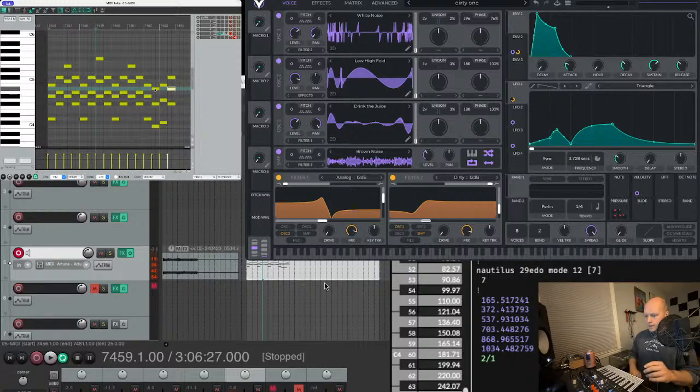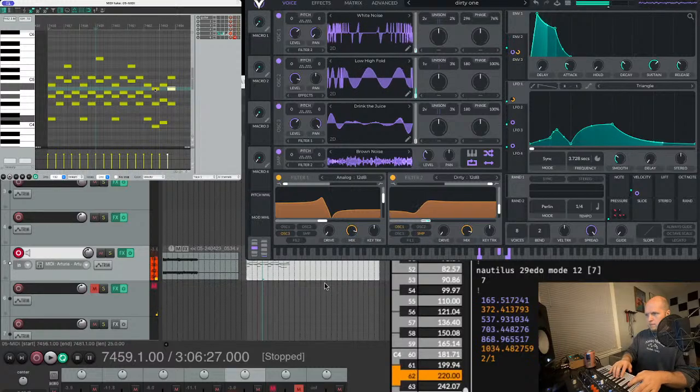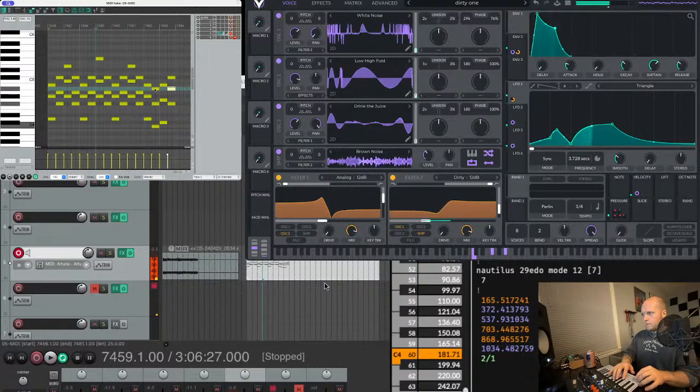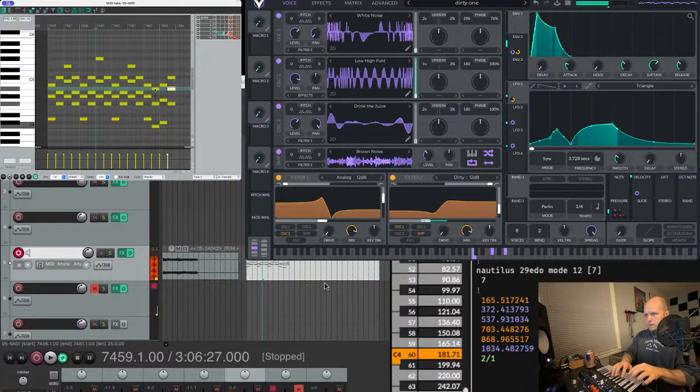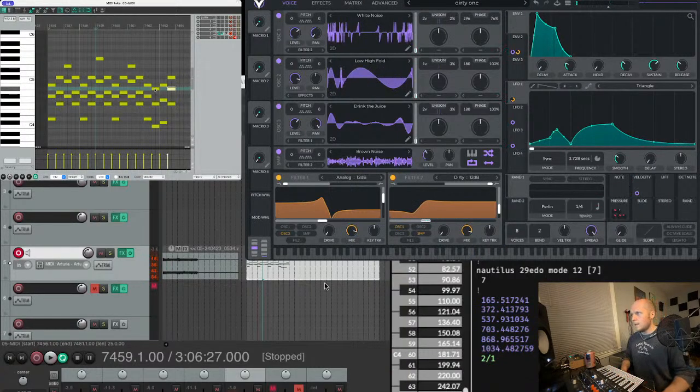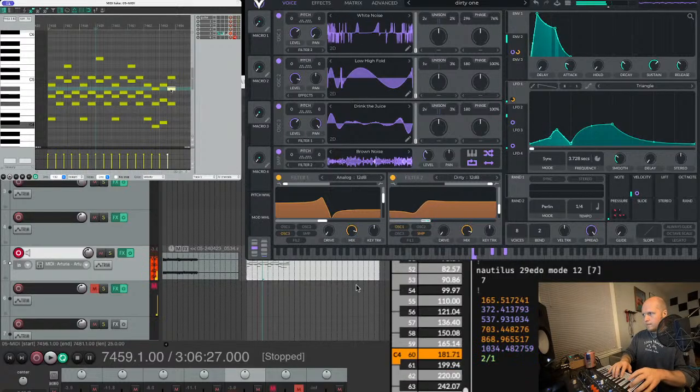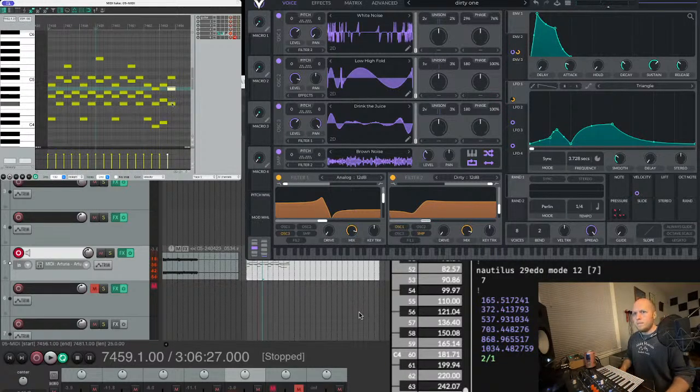So it looks like a C7 flat 5 sort of thing, and it just moves up a half step. And then this is not exactly the same.